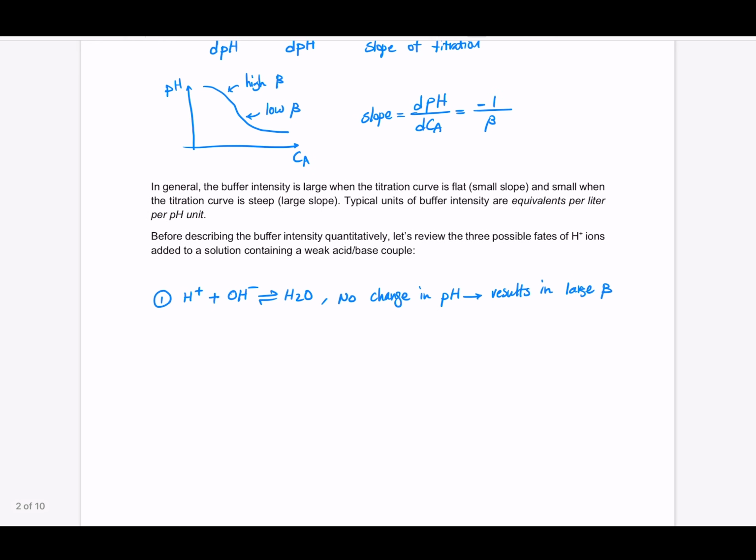So let's say we have a weak acid. In that case, as we talked about in the previous lecture, some of the proton will be consumed to protonate that A minus to form the protonated version of the acid. And similarly, this has no change in pH, and similarly this also results in a large beta.